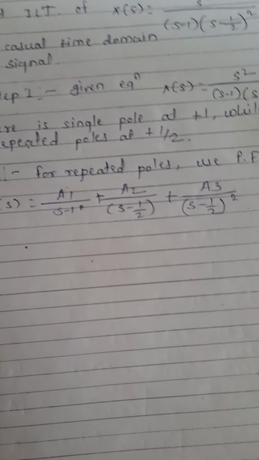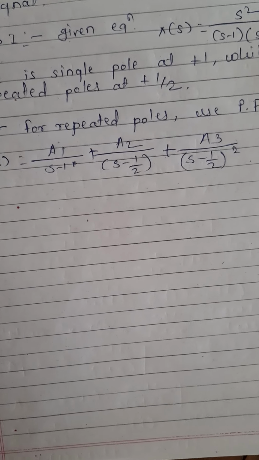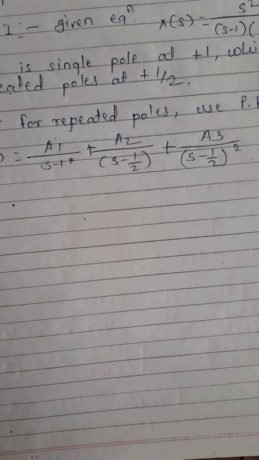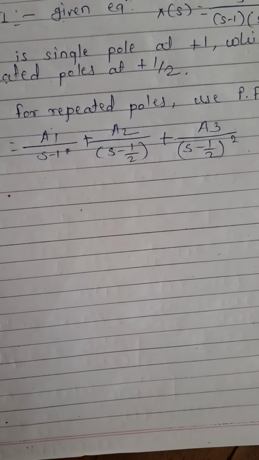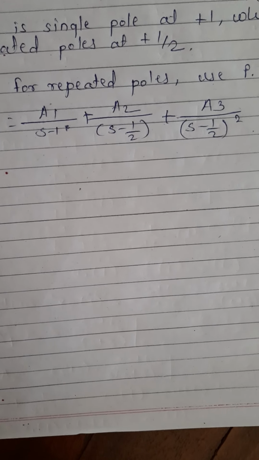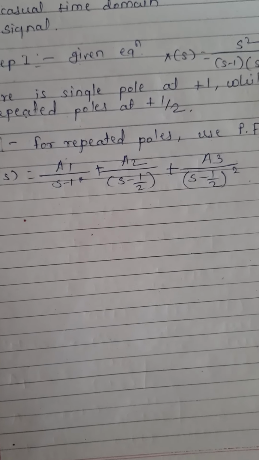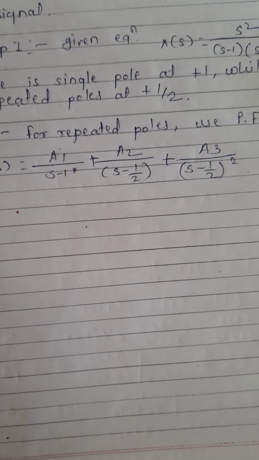Now we have to note one thing: the second term in the equation of X(s) is an added term. So the coefficients A1 and A3 are calculated using the earlier method, that is partial fractions, but the extra coefficient is A2. This coefficient is calculated by taking the derivative.